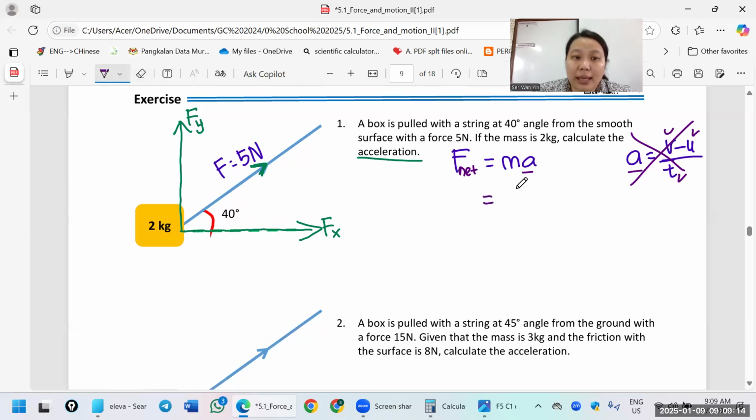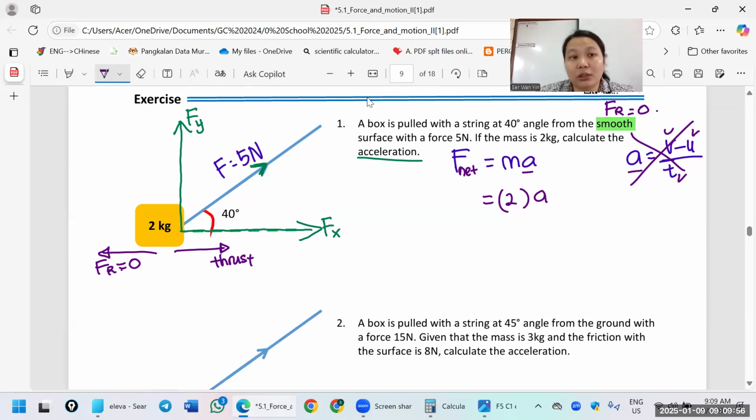Now m is 2. A we don't know, let it be unknown. So what is the net force? Net force means the forward force, the thrust force, minus the friction. Did they mention friction? No, so we treat friction as 0. Oh, sorry, they did mention it here. The word smooth. Smooth means frictional force equals 0.